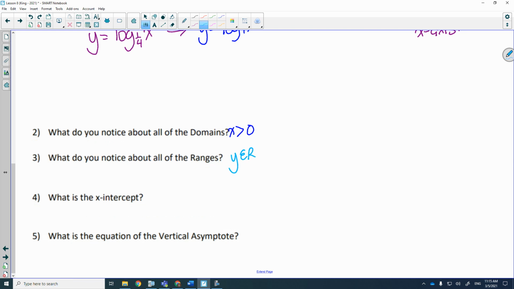The x-intercept of all of these graphs are invariant points if they're vertical reflections of one another because they cut the x-axis. So the x-intercepts are going to be invariant. So I'm going to write IPs. And the x-intercepts are, remember, 1, 0. What is the equation of the vertical asymptote? If the domain is x is greater than 0, the VA is x is equal to 0. That would be your VA.